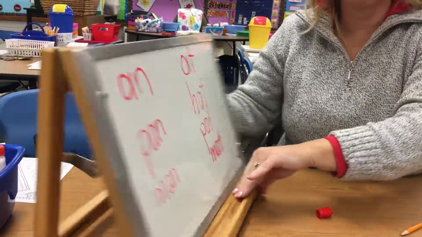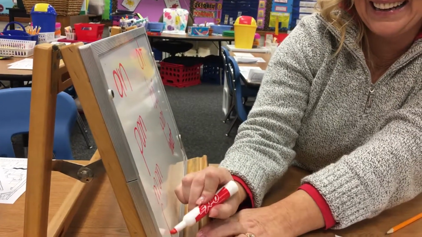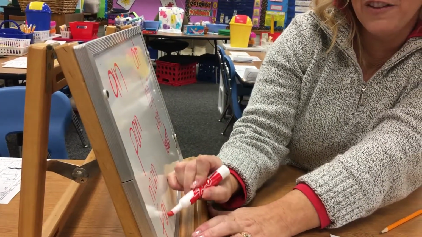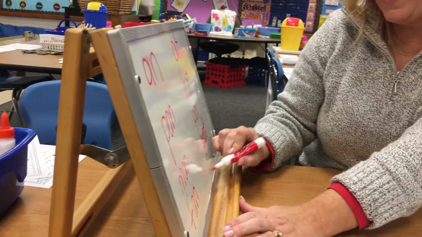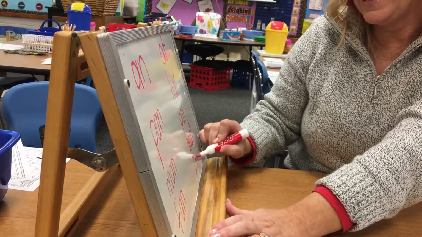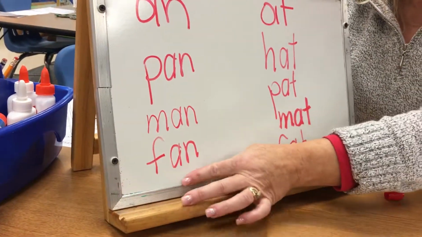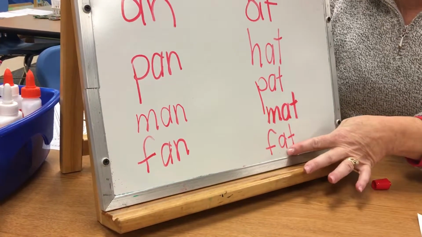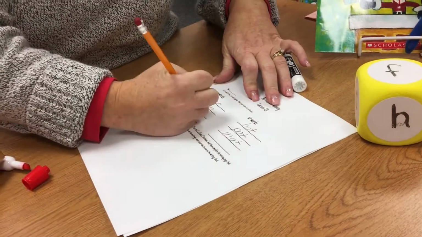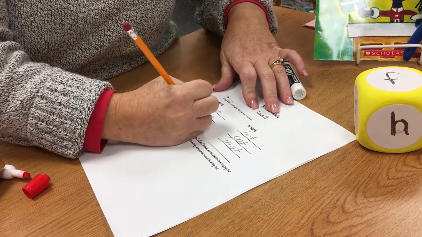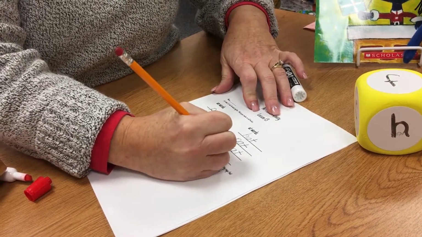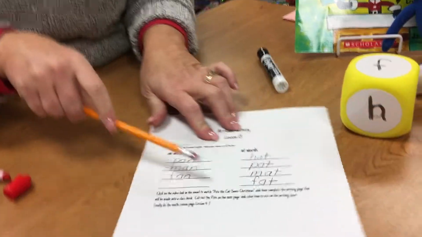So I'm going to put an F in front of an and I'd have F, an, and F, at. So F in front of an makes fan, F in front of at makes fat. So I'm going to go ahead and write F, an, and F, at. And I filled up my at chunk.